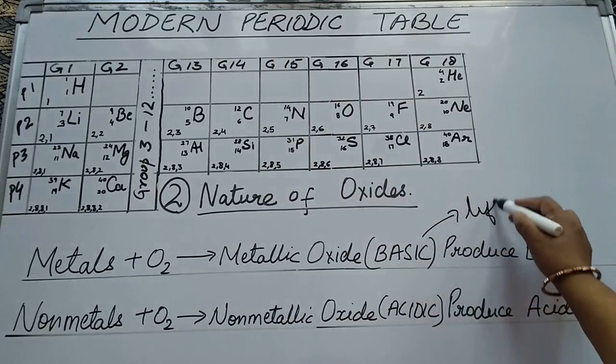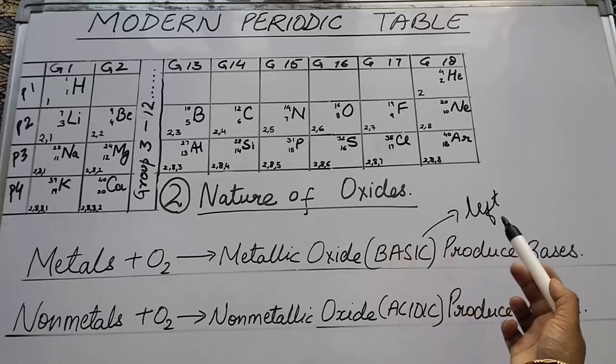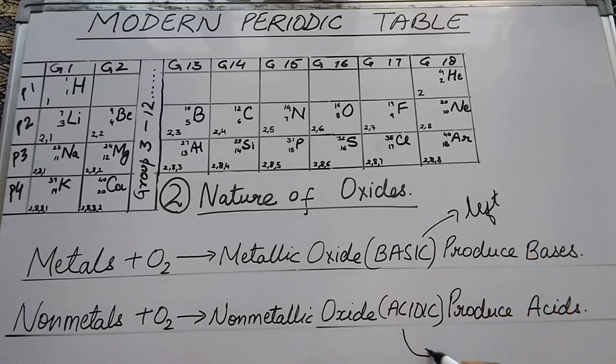The left side, right? Because we have metals on the left side. So on the left side you will have basic oxides. The acidic oxides will be on the right side of the periodic table, since we have non-metals on the right side. So moving from left to right, the basic oxide property is going to decrease and the acidic oxide property is going to increase.